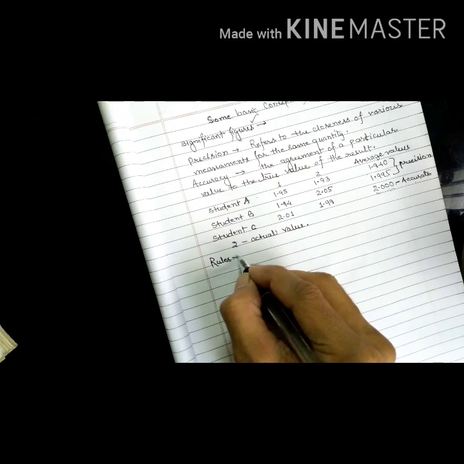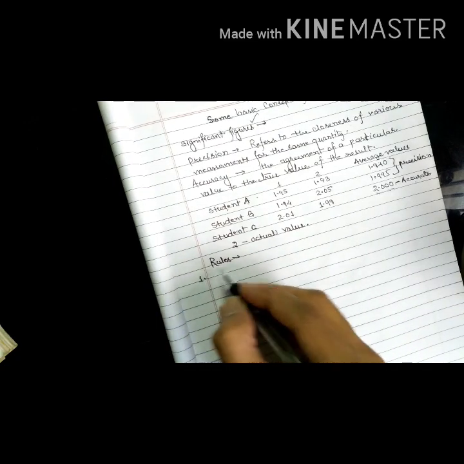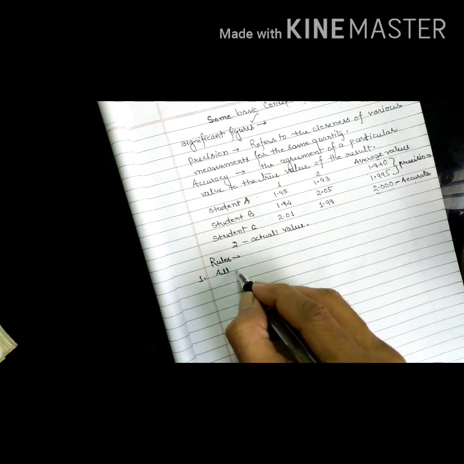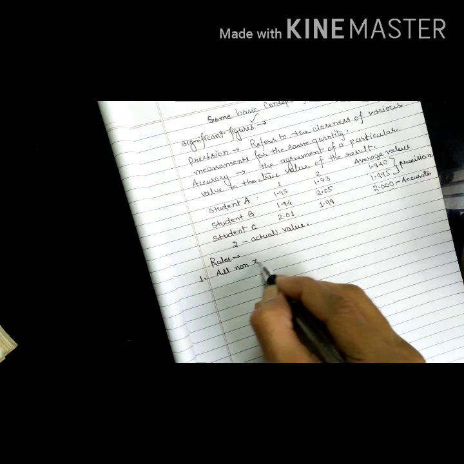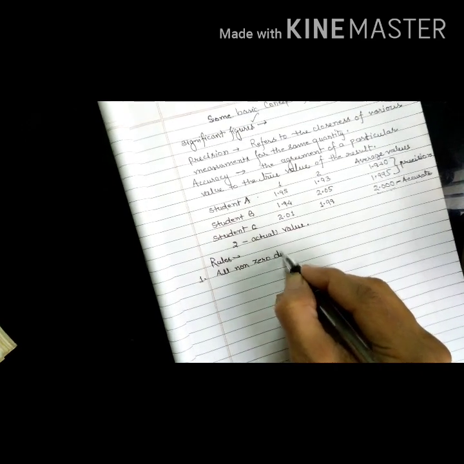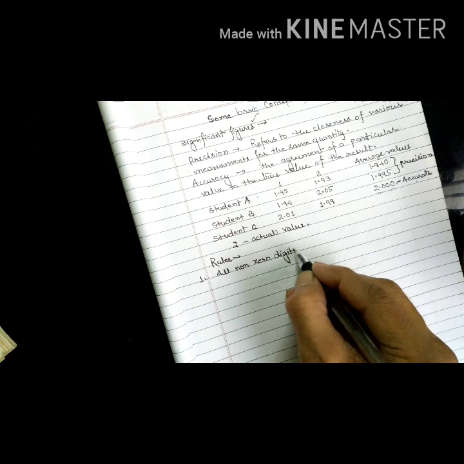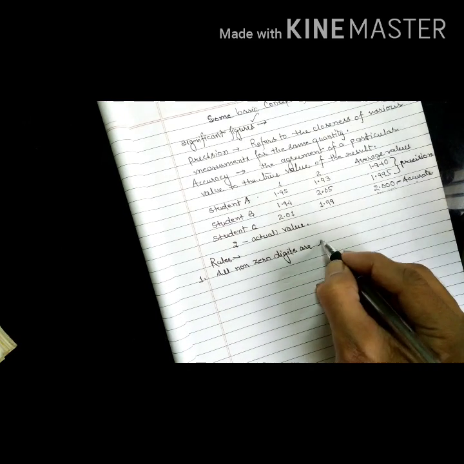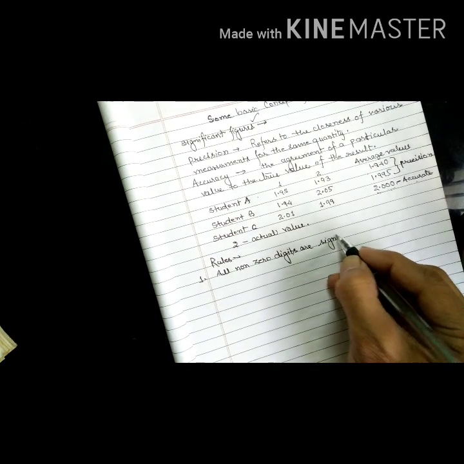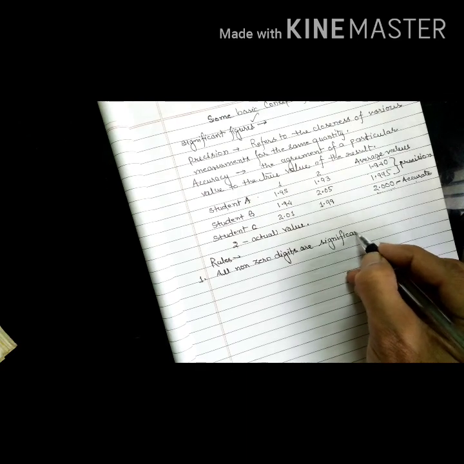Now rules. First is all non-zero digits are significant.